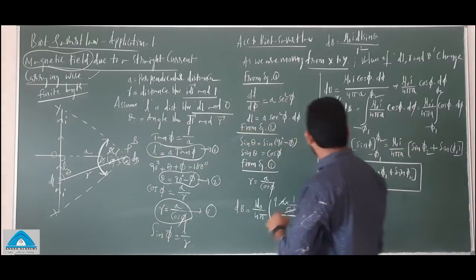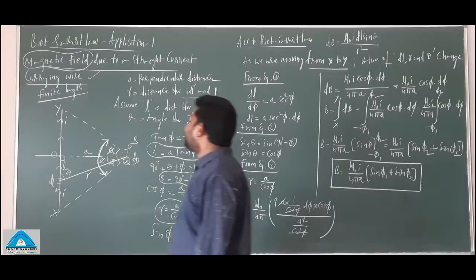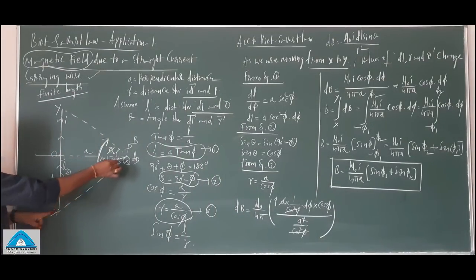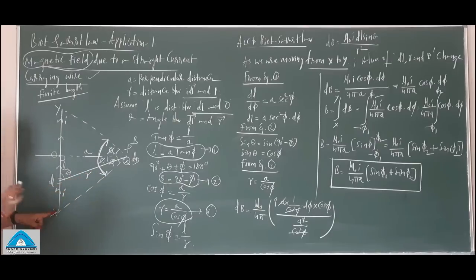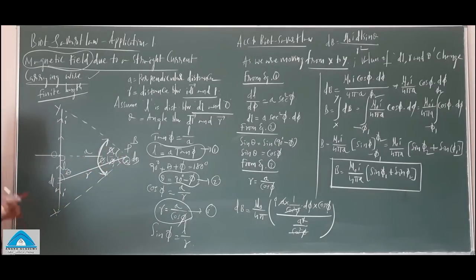Okay. So now phi 1 and phi 2. What is phi 1 here? Phi 1 is the angle between the perpendicular distance and the line joining the starting point to P. And phi 2 is the angle between the line joining the other end to P and the perpendicular distance.